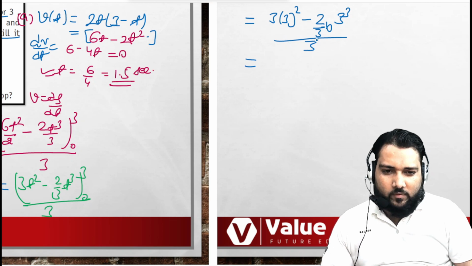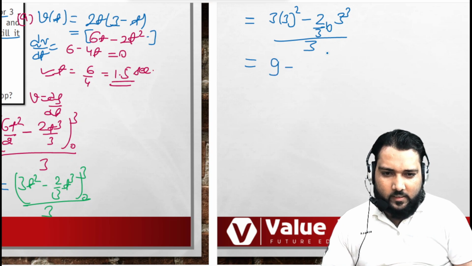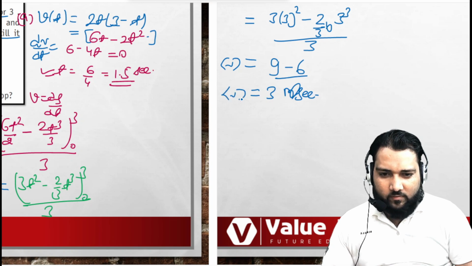When you divide by 3, this comes out to be 9 minus 6, which comes to 3 meters per second. So this is the average velocity.